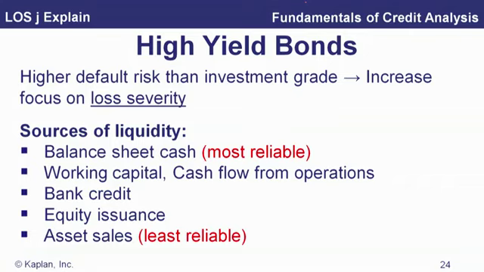Is equity issuance to raise money a real possibility? And asset sales. Well, that's getting down to it. I mean, once they're selling assets to make their debt payments, either interest or principal, things have gotten pretty grim. So that's the order that we put these in. But it could be kind of a tertiary sort of source of liquidity.